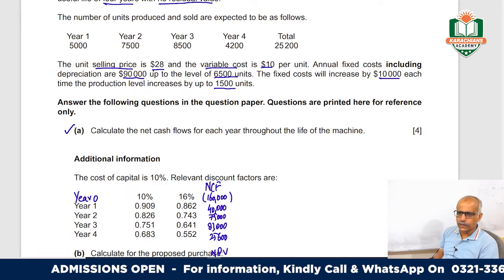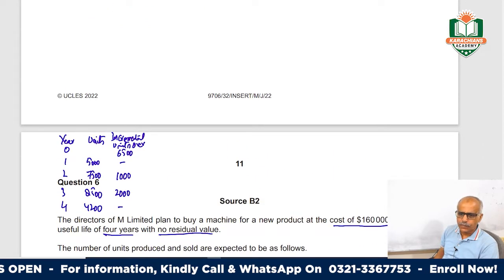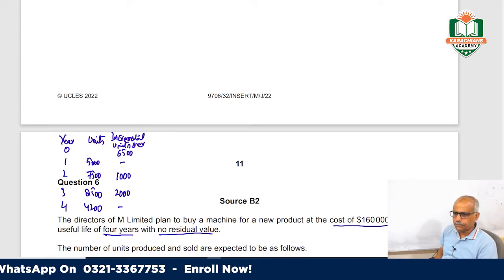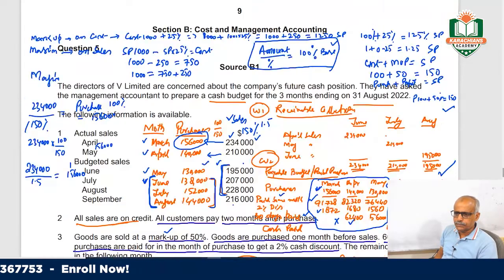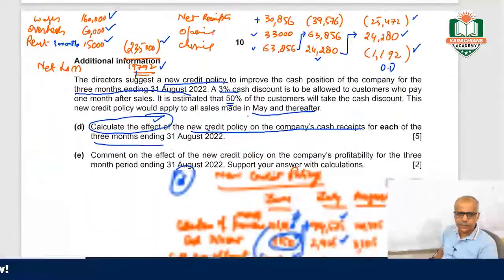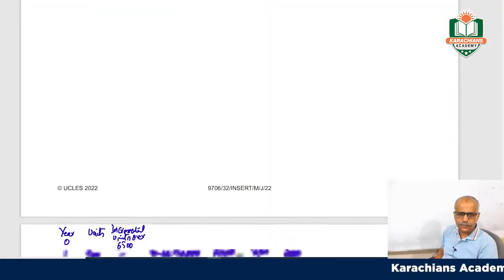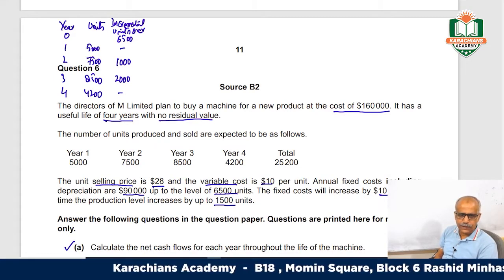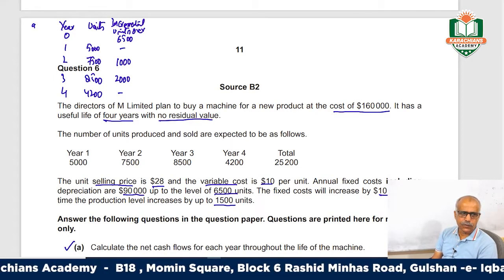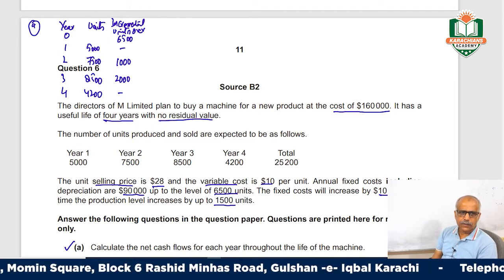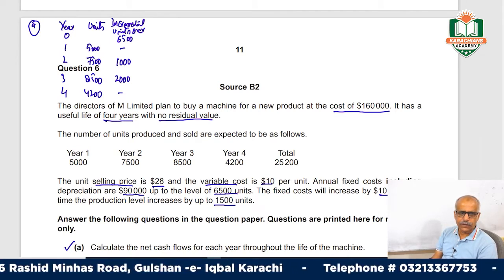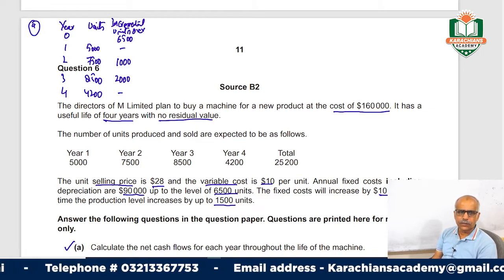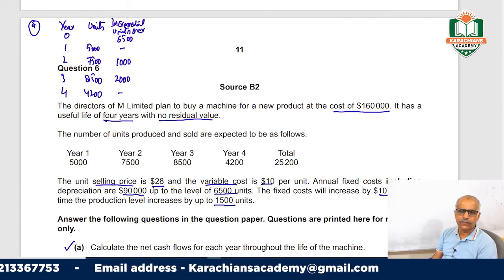We can calculate cash flow, no issue. We will solve this question here. The units we are producing are 5,000, 7,500, 8,500 and 4,200. What are the incremental units over 6,500?